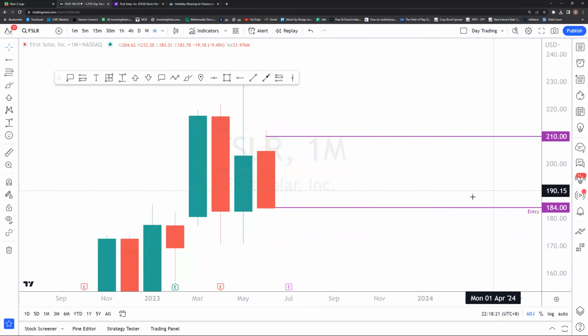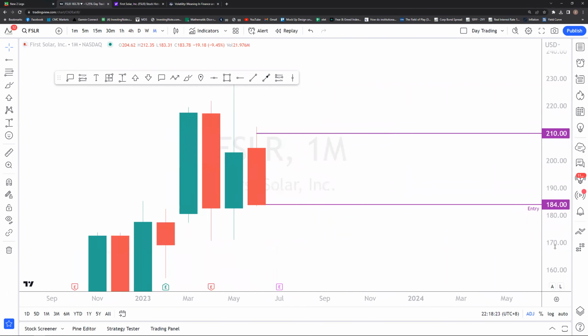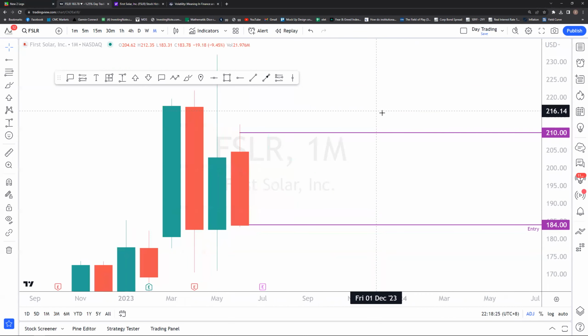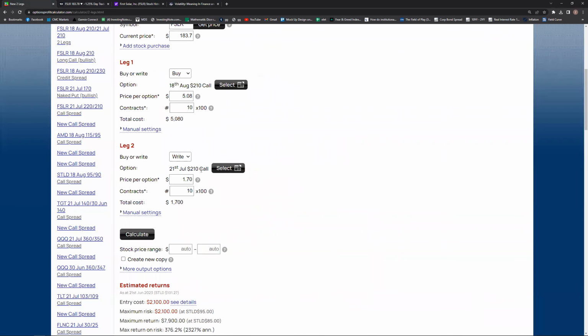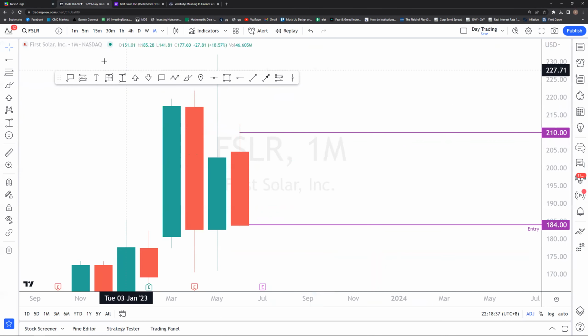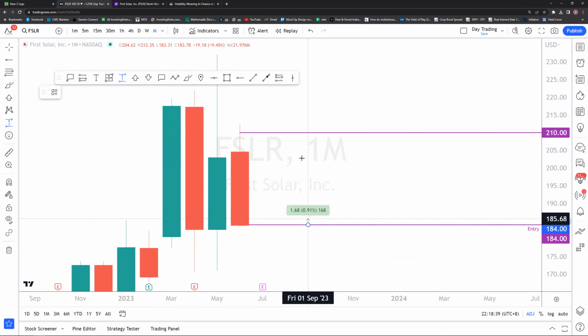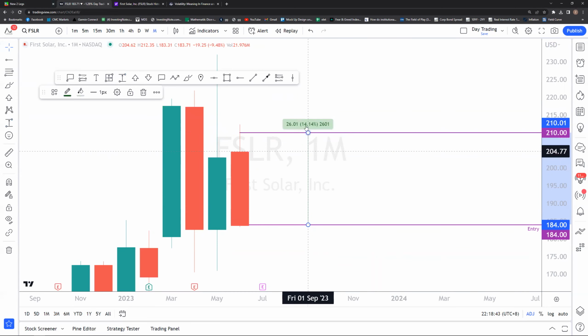Okay, so in this case here, right, let's see what is the probability of us getting this premium 210. What is the probability of us getting this premium, which will expire on 21st July? We need to say what is the chance that First Solar will close below 14%.